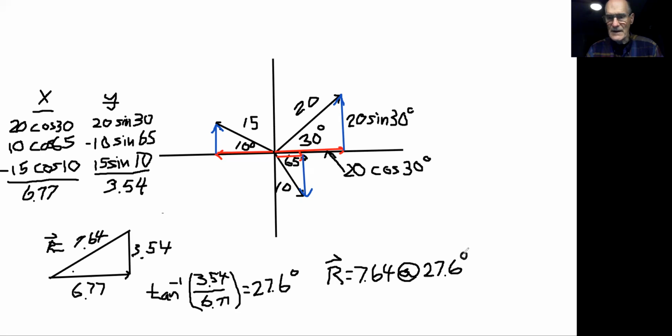And I could leave it like that, which would be understood that I'm starting on the positive x-axis, or I could just say 27.6 degrees on the north side of east.